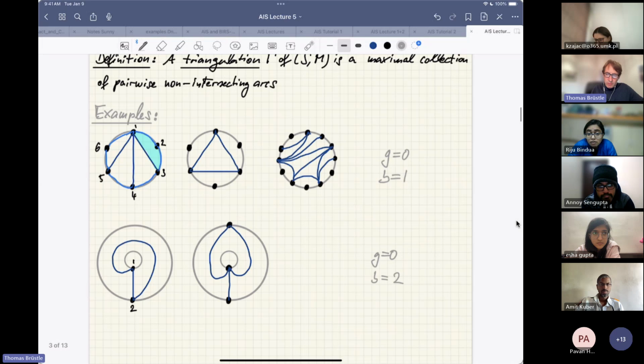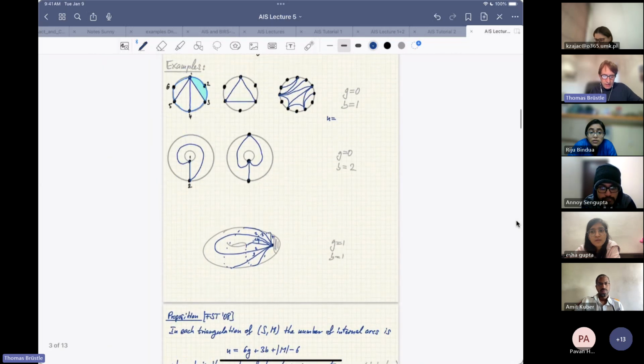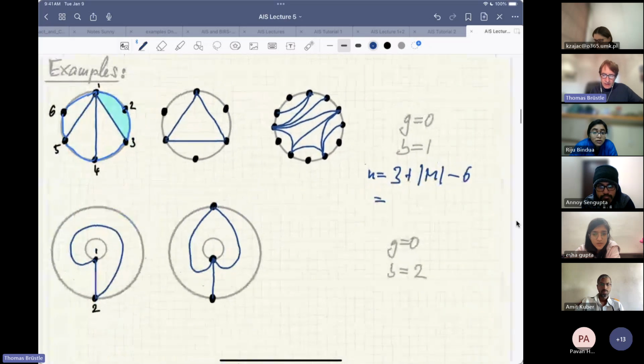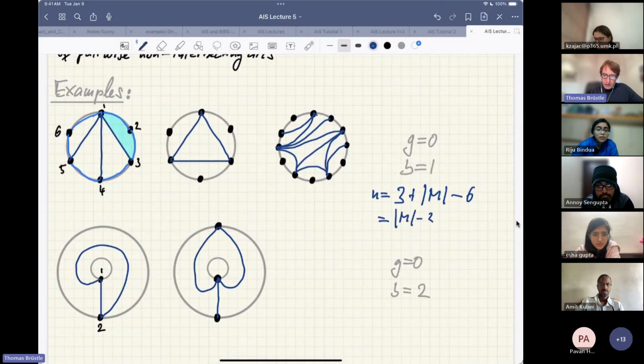So what would our number n be in that case? According to this formula, what is the formula saying? 6 times the genus, which is nothing, 3 times the boundary components, plus number of marked points minus 6. So n would be number of marked points minus 3.